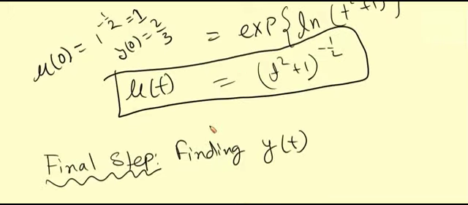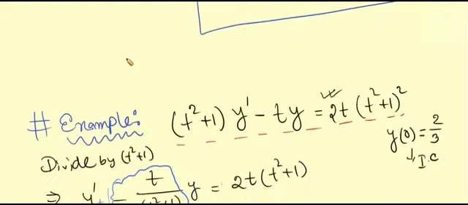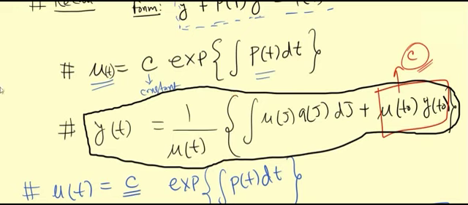The final step is just finding our solution, the desired solution y of t. And as you can see, I have already marked down the values mu equals 0 and y equals 0. This will be useful later, because we are going to use this boxed formula. And you can also see that I have marked this thing as a c. That was a constant.